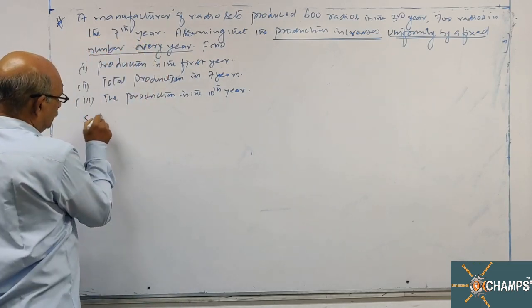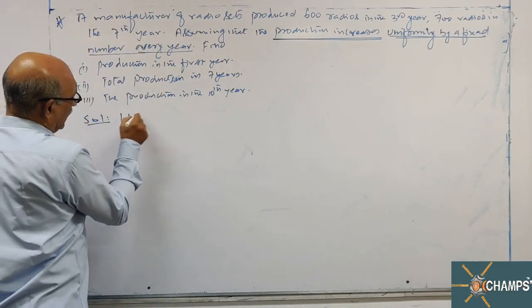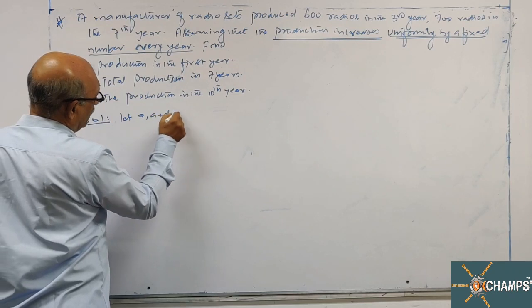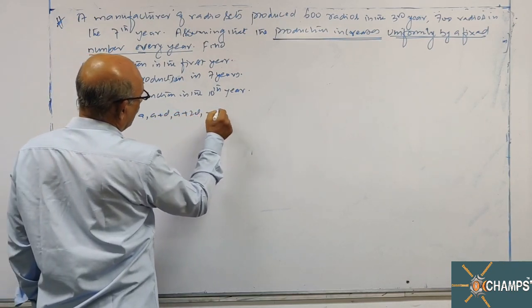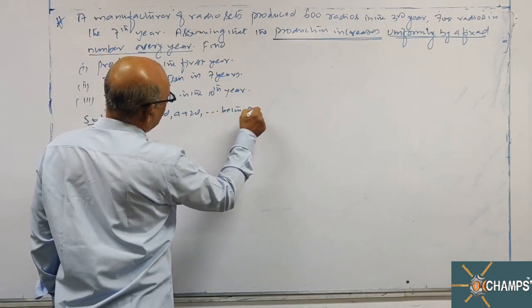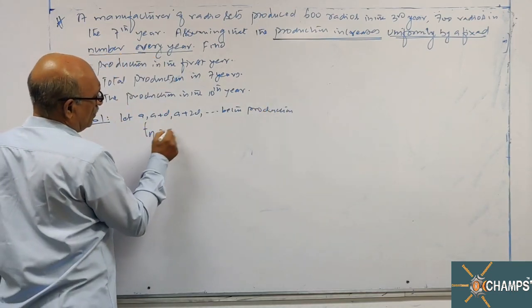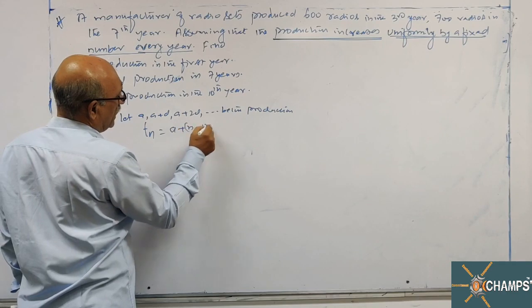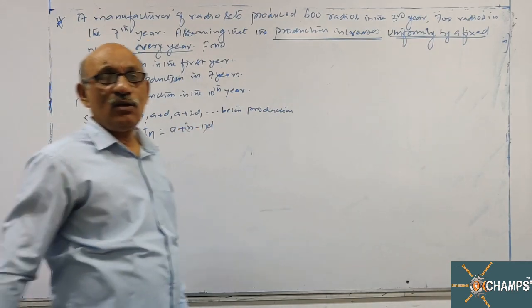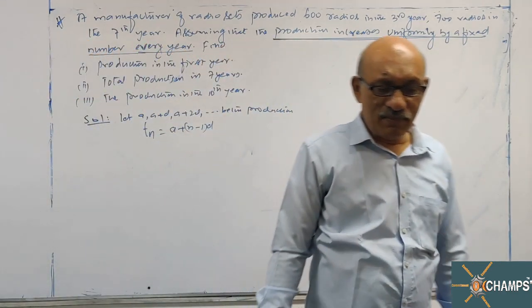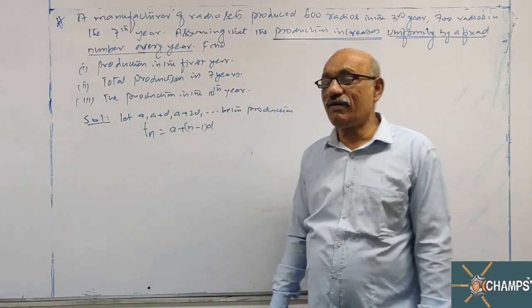So let A, A plus D, A plus 2D, etc. be the production. So Tn is equal to A plus n minus 1 into D. 2 unknowns are there, first term and common difference. So you need their values.